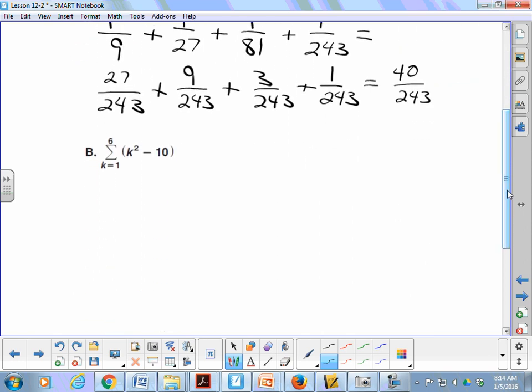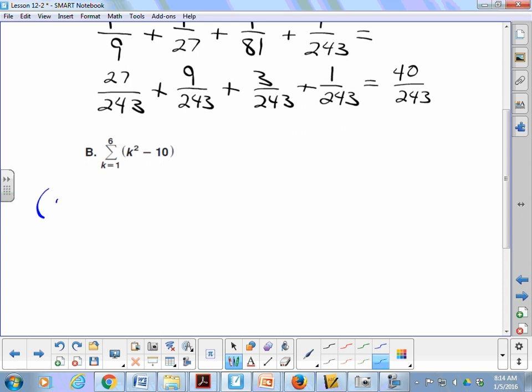Letter B. We're going to find the sum as k goes from 1 to 6 of k squared minus 10. That's how we read this: the sum as k goes from 1 to 6 for k squared minus 10. So we start with 1 and go all the way to 6 and plug those numbers in for k.